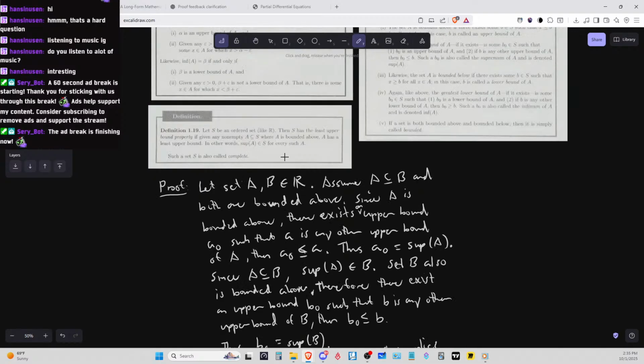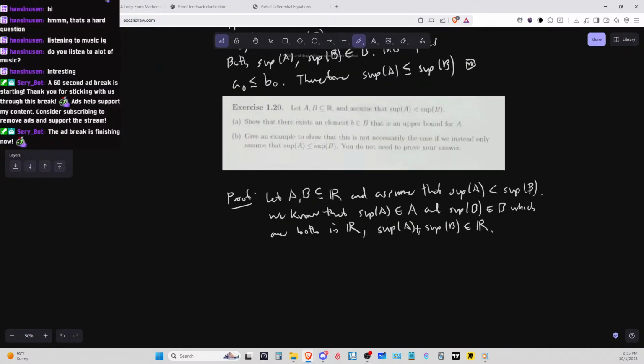Because this definition is for one set, so if we have two sets, then basically we have to show that A is less than B, like at least in a subset, so we can actually have the supremums.